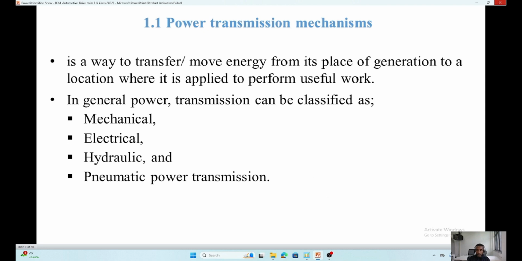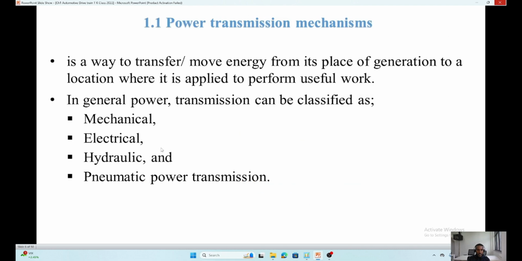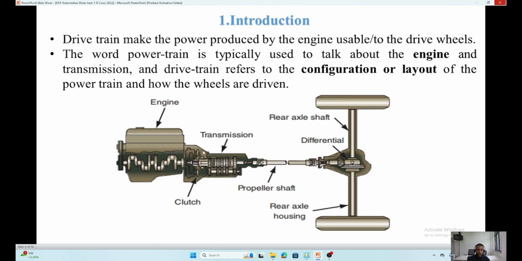If you remember this part, for example, the power is generated from this engine, but the engine transforms the chemical energy of fuel into heat energy and mechanical energy, and the end target of this energy is to transfer to the wheels, because the wheel is responsible to move the vehicle.